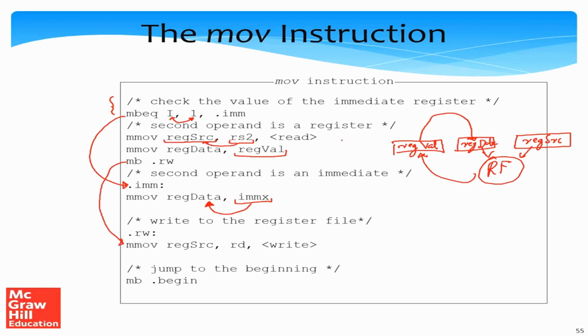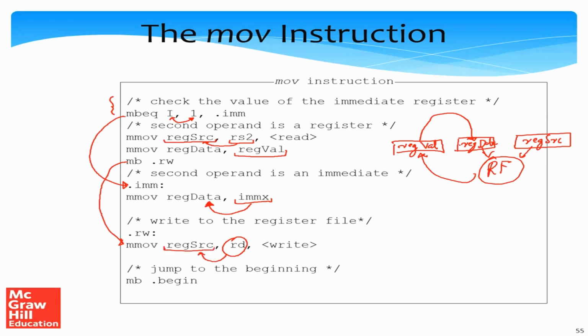So since the correct ID is loaded in reg source, no, not yet, I'm sorry. So then what we need to do is load the ID of the destination register in the reg source micro register. So we read the micro register RD, which contains exactly this information, and this is transferred to reg source.